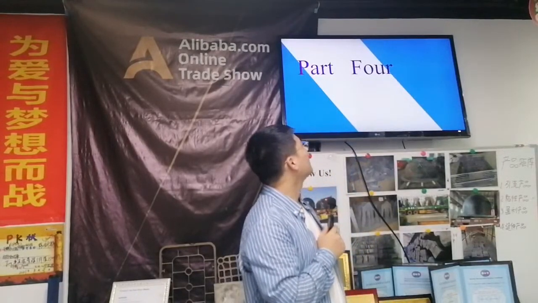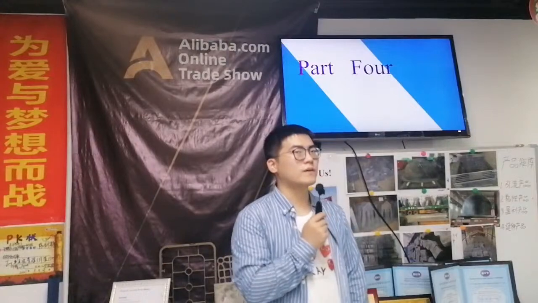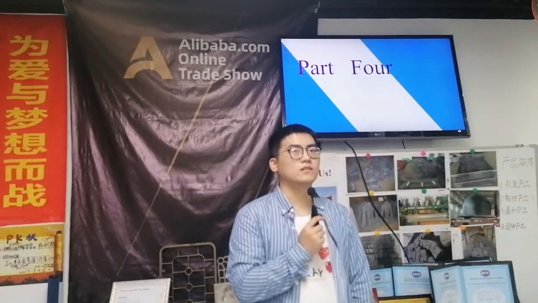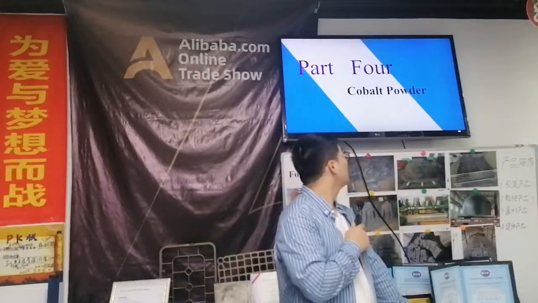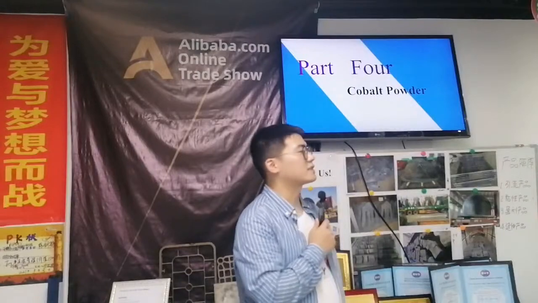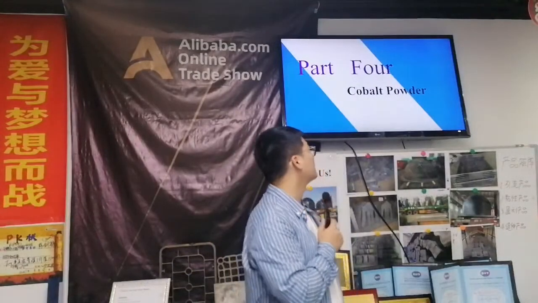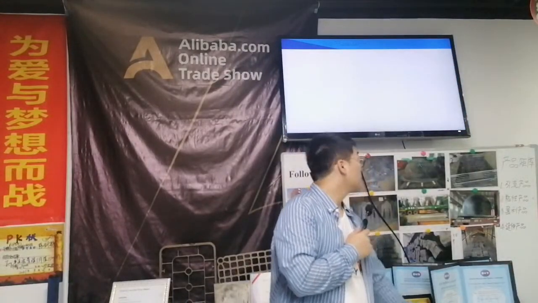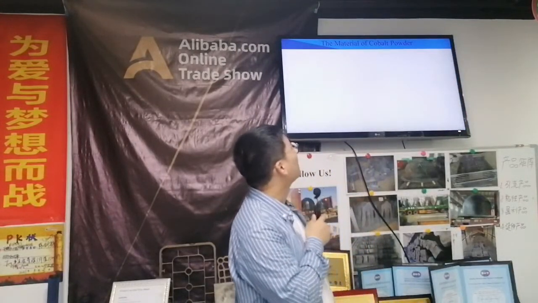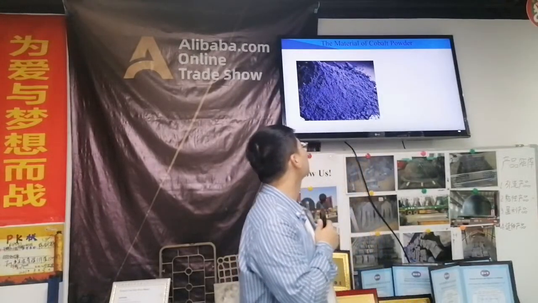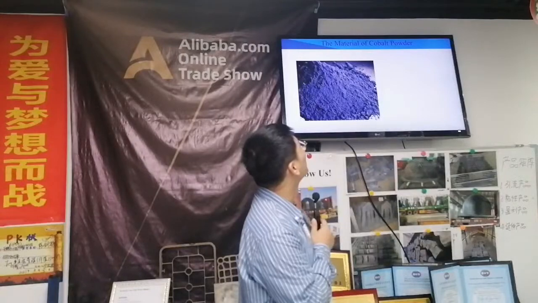And now it's the first part about other metal powders we have produced. For example, a cobalt powder. This is a picture of cobalt powders.